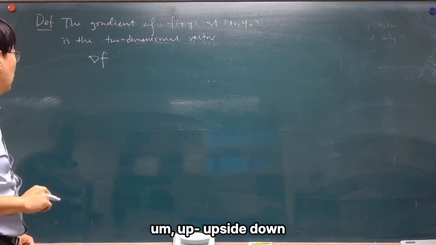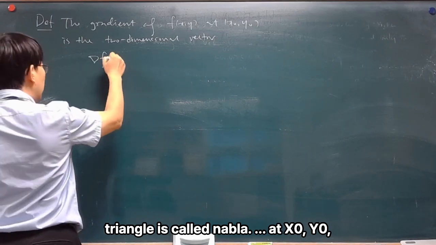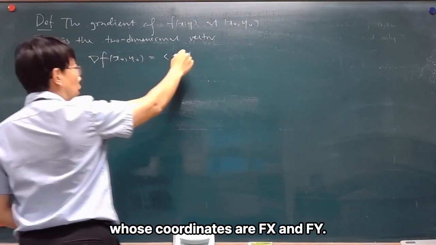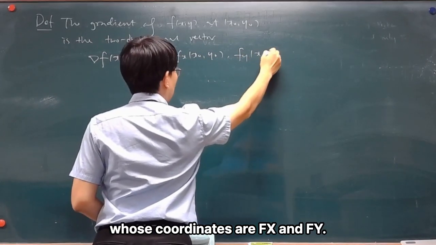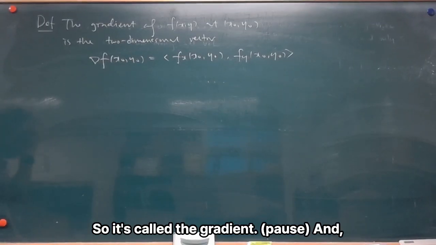This upside down triangle is called nabla. At x0, y0, its coordinates are fx and fy. So it's a two-dimensional vector, and it's called the gradient.